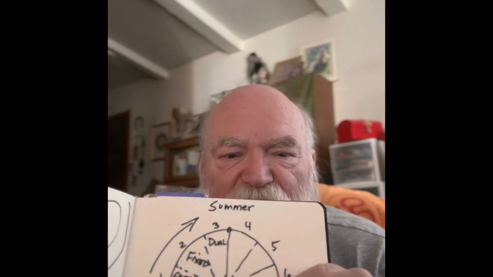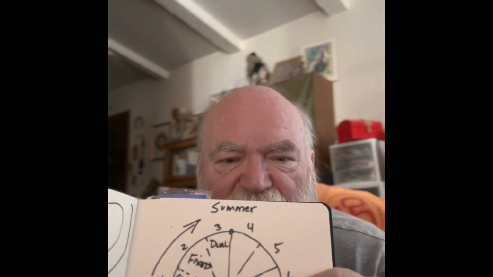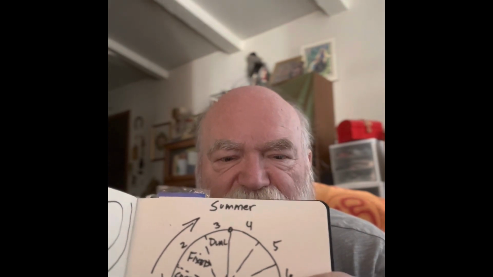Okay. Now, in fall, when the sun went back to the equinox, that was the time when the sun was, we're talking about 6,000 years ago, aligned with the constellation Aquarius.